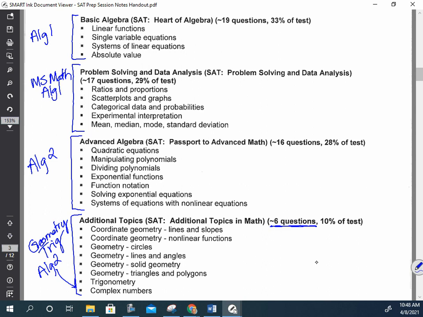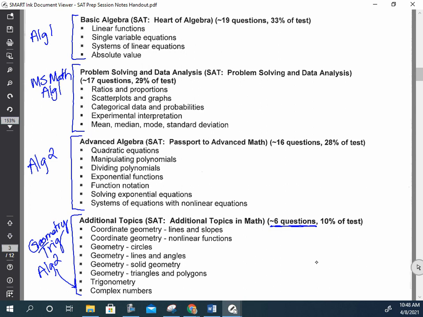This is primarily an algebra test. There are 6 questions related to geometry and trig. That's it. But these are the 4 sections that it divides itself up into.